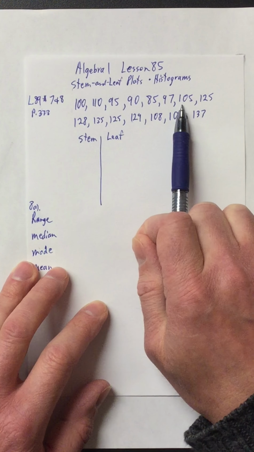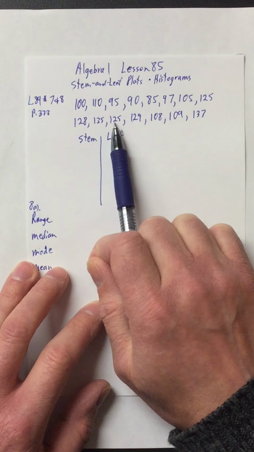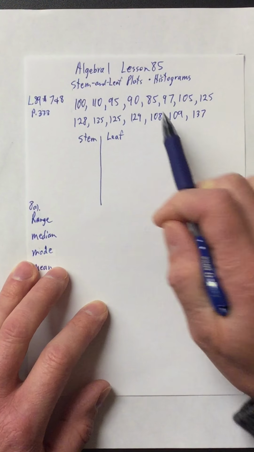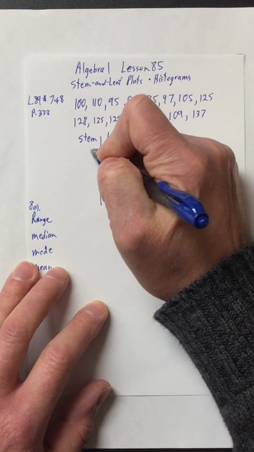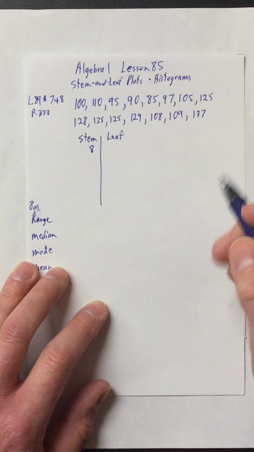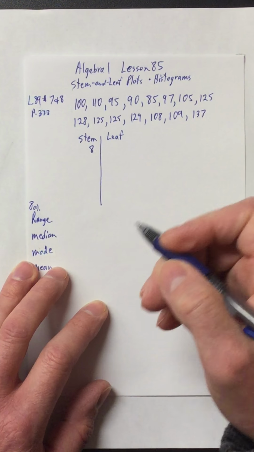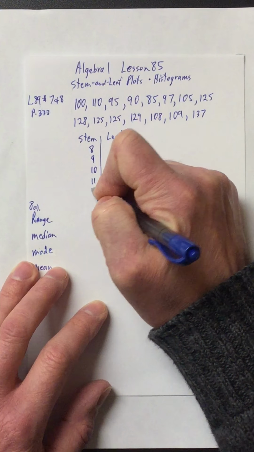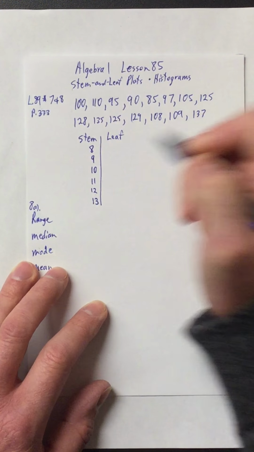So 9, 10, 12, 12, 13, 12, 12, 10, 10, 13. My lowest number is 8 and my highest looks like 13. So I'm going to write those down in order: 8, 9, 10, 11, 12, 13.